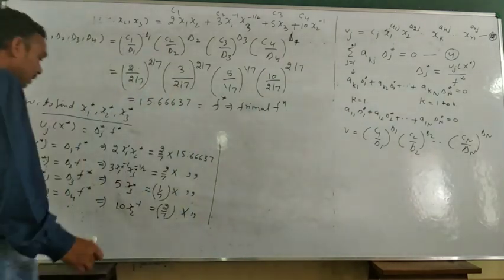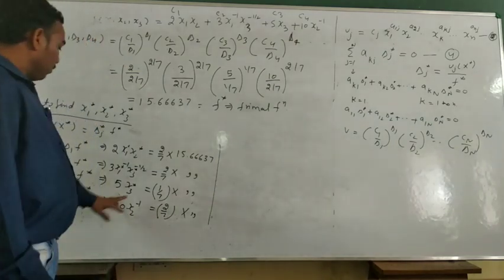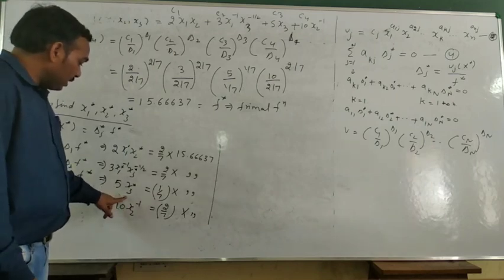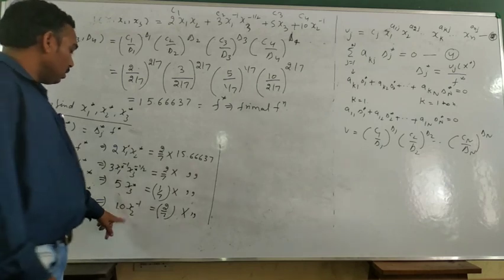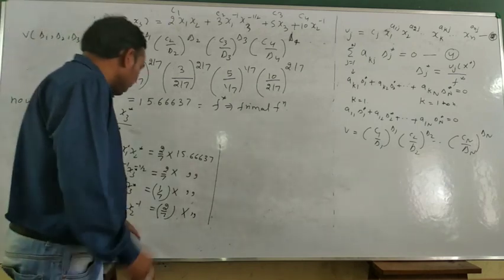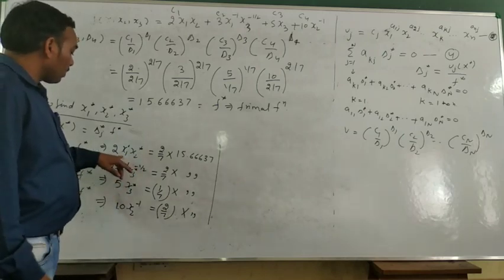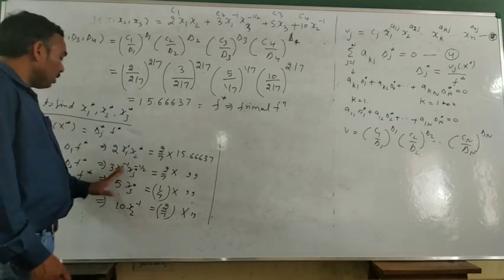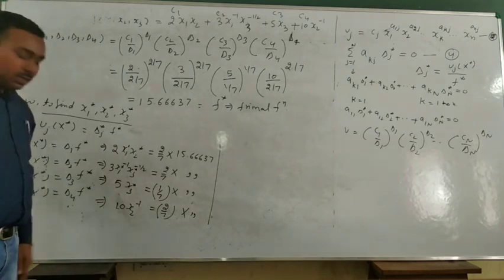After simplifying these equations, from the third equation we get x3 star, and from the last equation we get x2 star, and now put the value of x2 in equation 1, you get x1 star, or put the value of x3, you get x1 star.